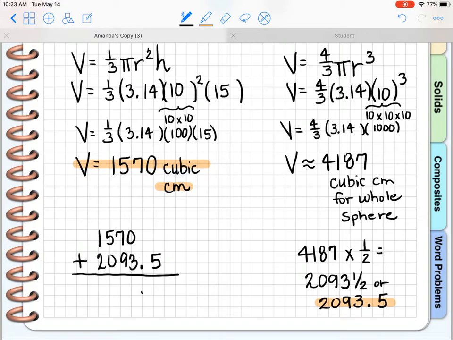Now if you line those decimals up, you can do this in your head. If you don't, I would recommend that you use a calculator. I'm going to check myself because I always make mistakes. I don't do math in my head very well, so don't risk it because of something like that. And this is cubic centimeters. So the final composite volume of this ice cream cone is right there.